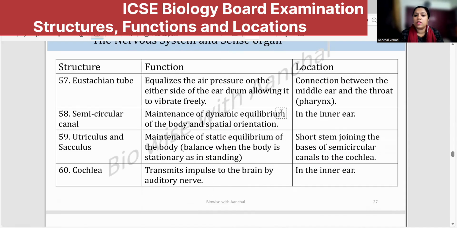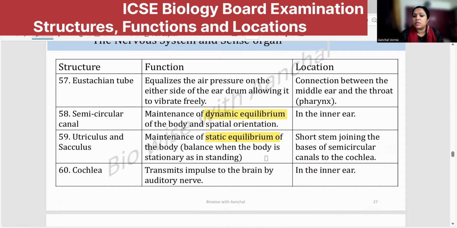Then you have the semicircular canal in the inner ear, for maintenance of the dynamic equilibrium of the body and the spatial orientation. Utriculus and sacculus maintain the static balance. Utriculus and sacculus are for static balance, and your semicircular canal is for your dynamic balance and spatial orientation. Okay, that is the movement, and this is when you are standing stationary. And the cochlea transmits the impulse to the brain by the auditory nerve. It is the inner ear.